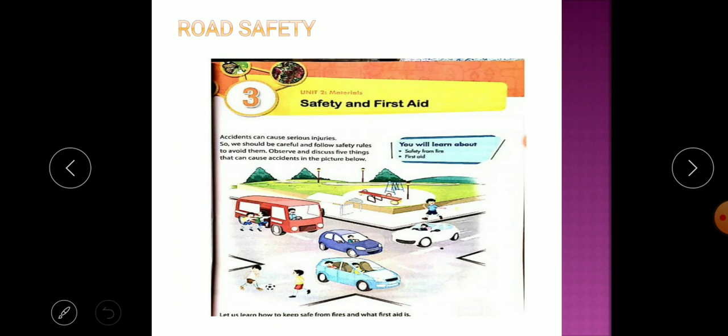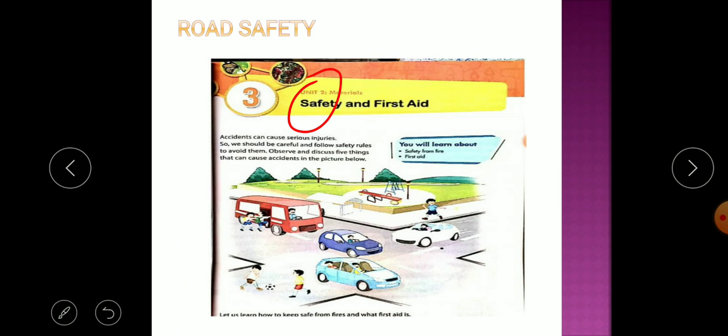So, children, let's start with the very first page of Chapter 3, Safety and First Aid, which basically tells us about road safety. When we talk about this word safety, what does this mean? It actually means the different ways in which we can protect ourselves or keep ourselves away from any kind of harm or danger.